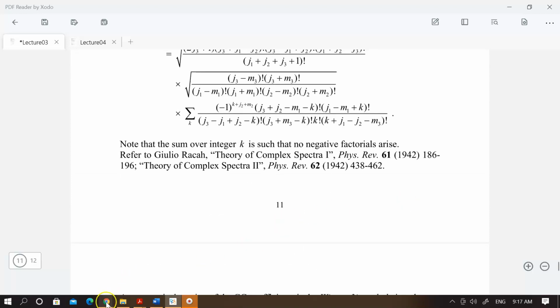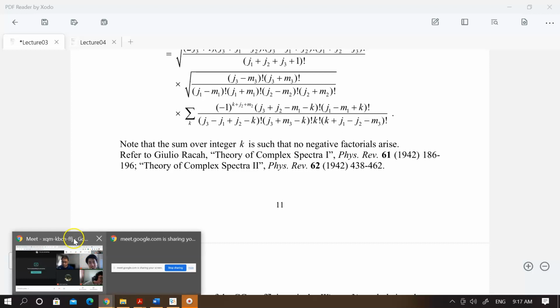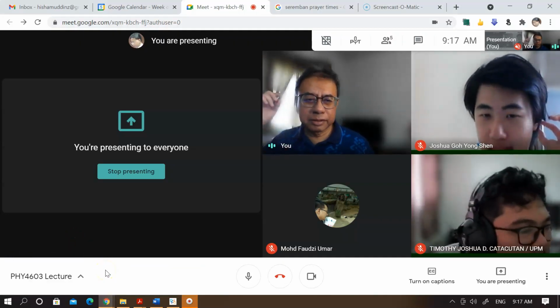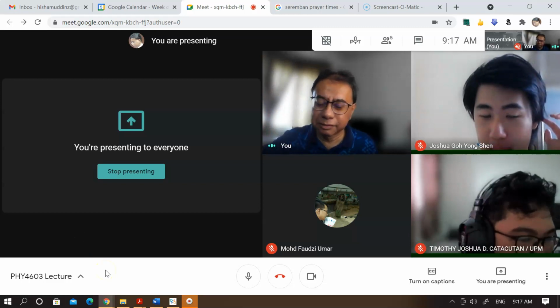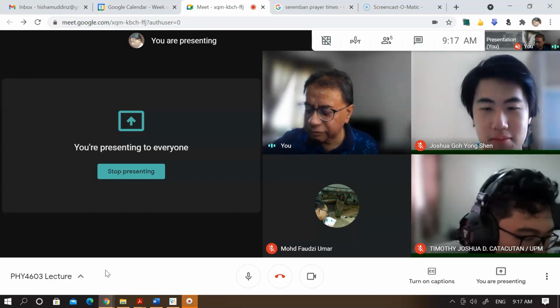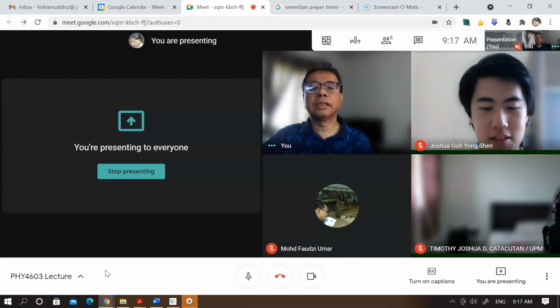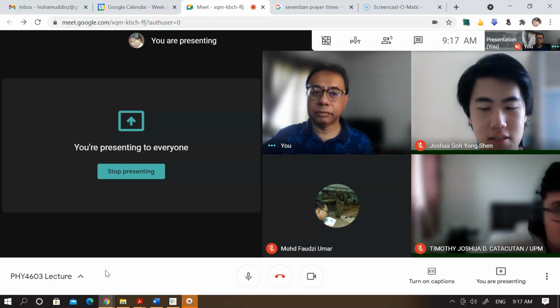Any question at this stage? Apart from the general formula of the Clebsch-Gordan coefficient, which is probably difficult to prove in general, you can actually prove this when you have specific values of your J1 and J2.